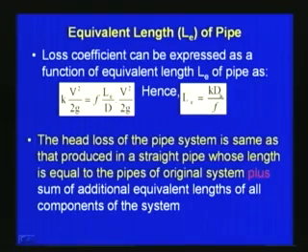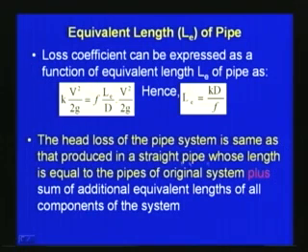For a given pipe system with a number of bends, gates, valves, etc., we can convert all of these into equivalent lengths and then solve in terms of the major loss using the Darcy-Weisbach equation.